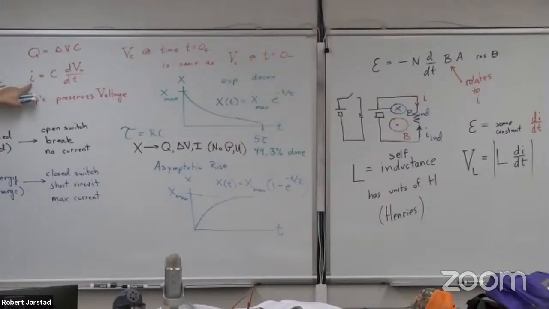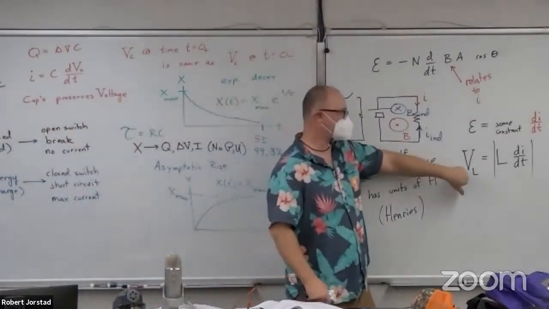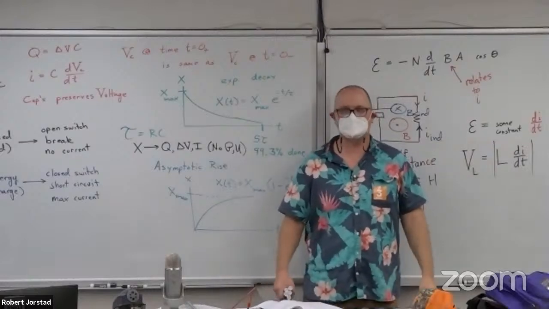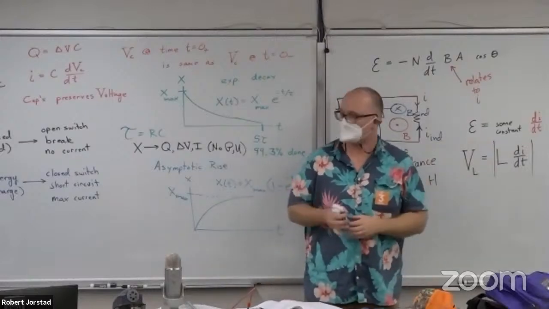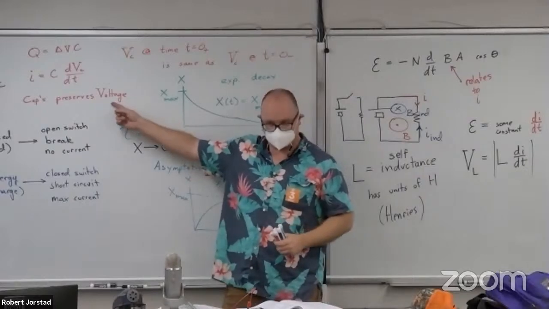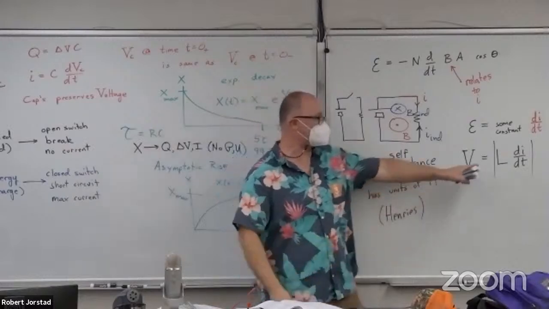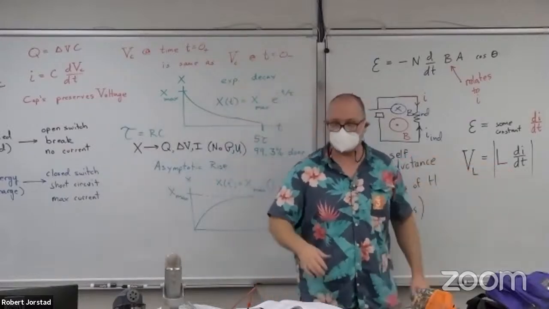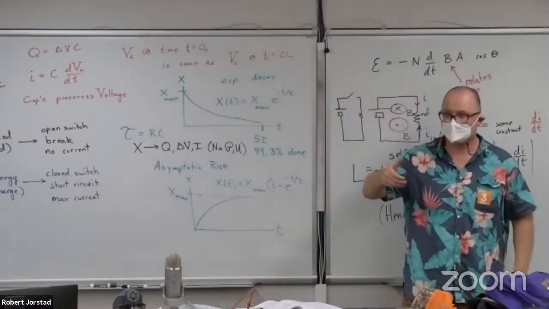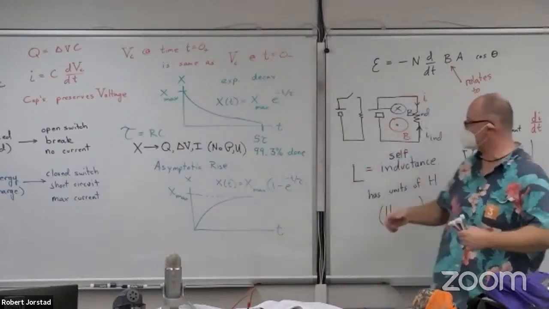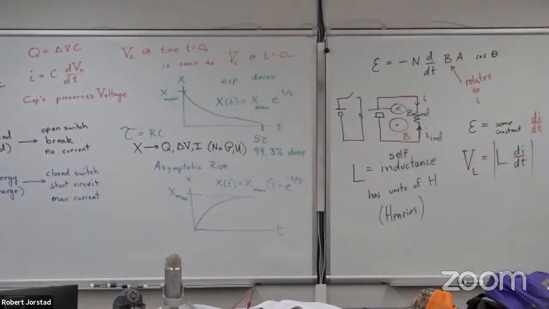We see that the current is capacitance times dV/dt. Voltage is inductance times dI/dt. They're mirrors. Capacitors preserve voltage. What do inductors preserve? Current. Think about it. Coils of wire oppose change in flux. That means they oppose changes to their current, because if you change the current, you change the flux.